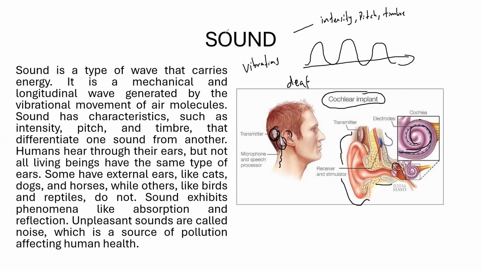So this is an invention that's been created for people who are deaf. Okay, but going back to the topic, I want to tell you that sound is produced by vibrations. Right, so to have sound, you have to make the particles that are in the environment vibrate.